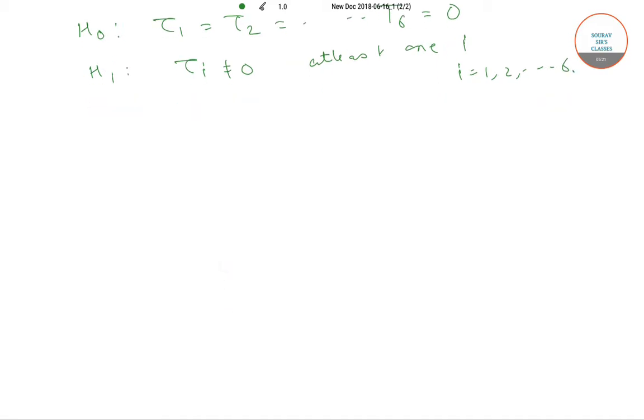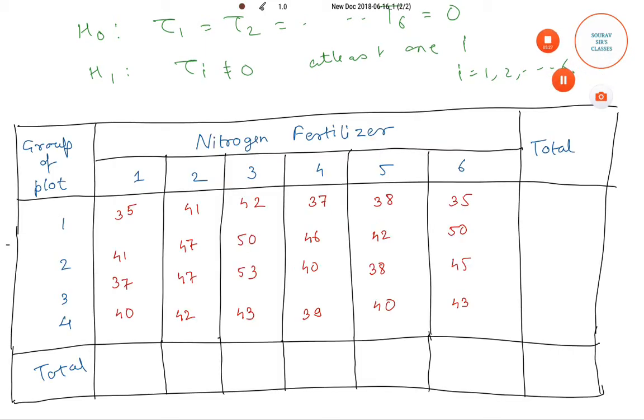So this is our null hypothesis and alternative hypothesis. Now this is the table that we have obtained from our question.